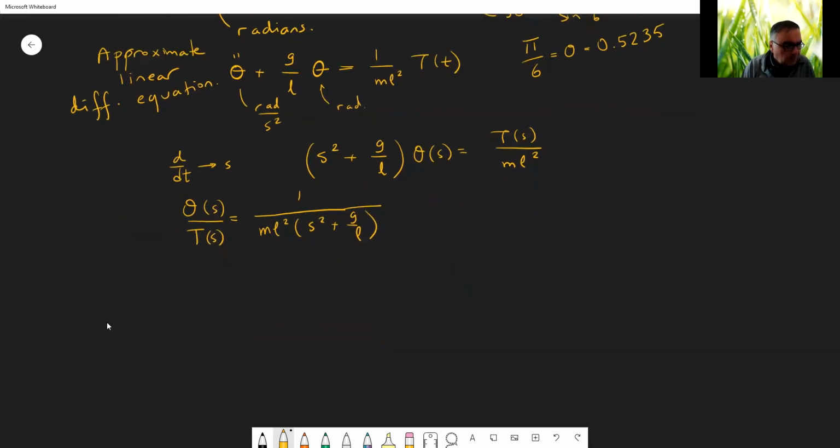Okay. This is the pendulum. What if we had an inverted pendulum? What is that? We mean the pendulum stands upwards like this.